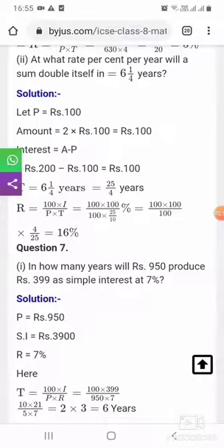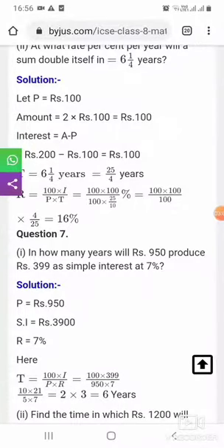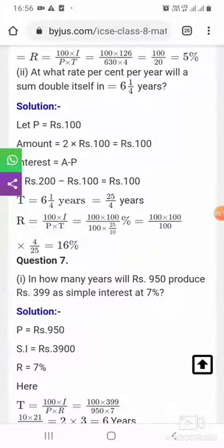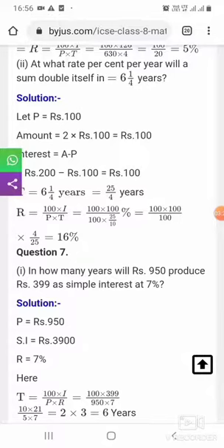So interest will be what? Interest will be the total amount 200 minus 100, that is 100. So simple interest is 100 and principal is also 100, and the time period is given here. How much is it? 25 by 4 years. As I told you, simplifying 6 1 by 4, it becomes 25 by 4. Now the rate of interest we are supposed to find, per annum.